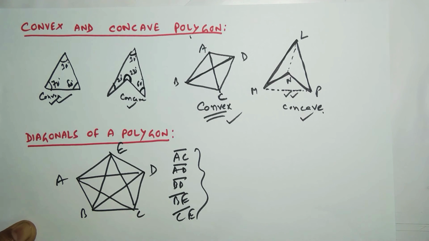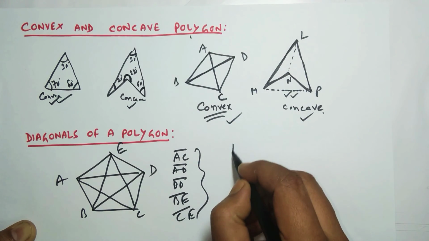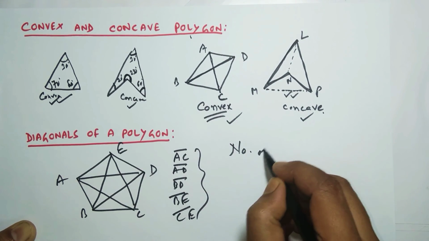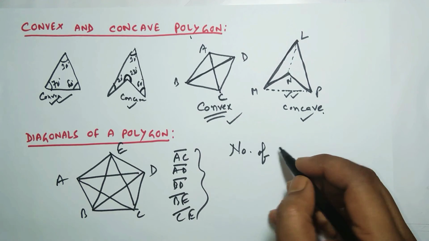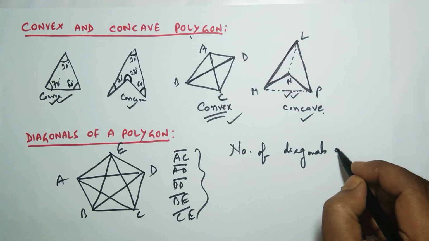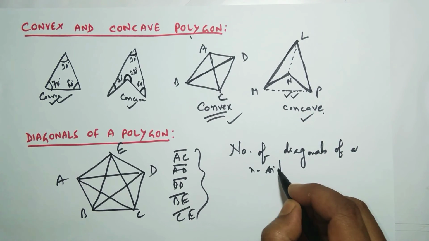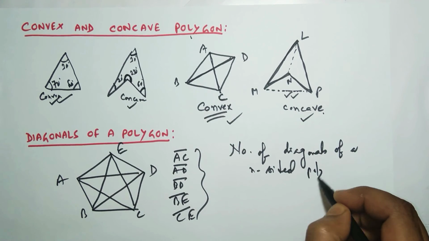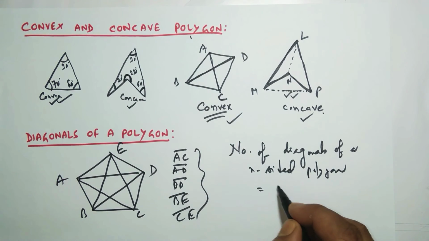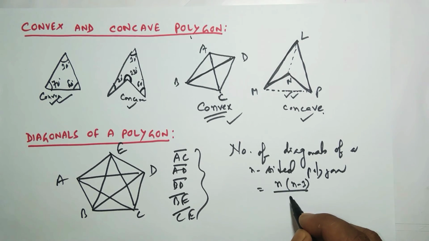Without drawing the polygon and the diagonals, we can find the number of diagonals using this formula. The number of diagonals of an n-sided polygon is n into n minus 3, divided by 2.